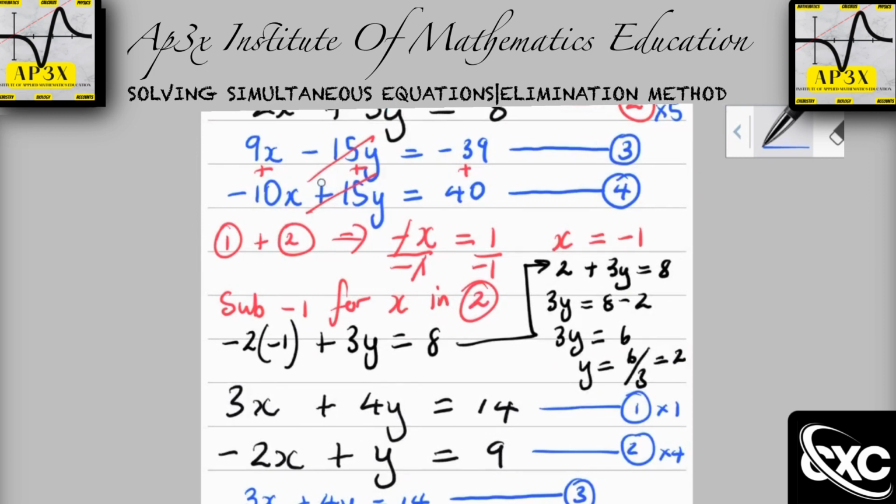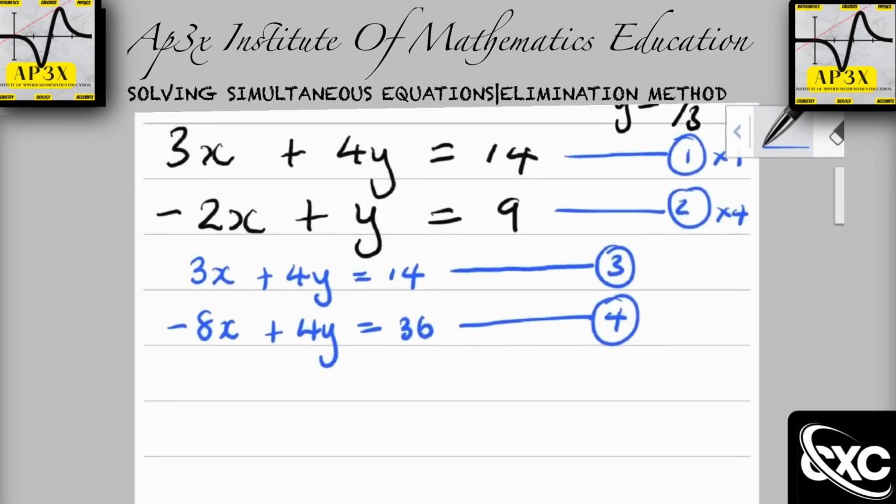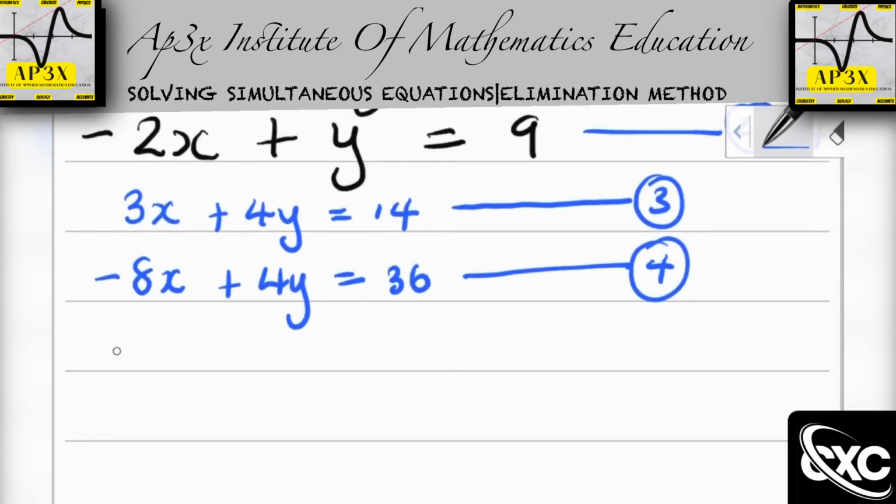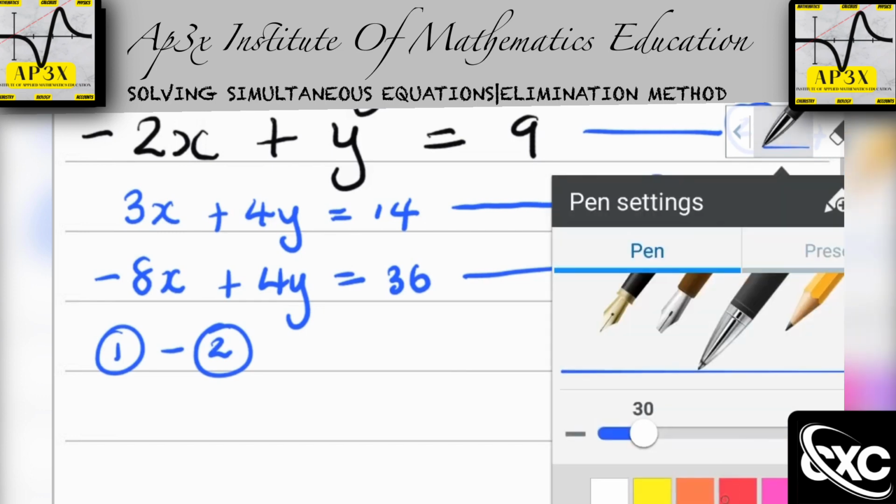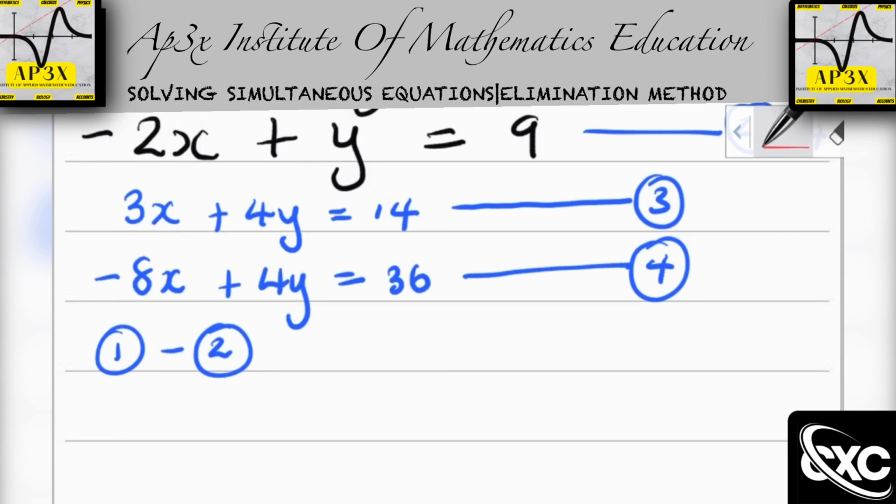Because the signs are different there, we chose to add equation 1 to equation 2. Now because the signs are the same, we're going to subtract, equation 1 minus equation 2. Let me just take a red marker here and place a minus sign in between, because you're going to find occasionally that signs are going to clash.